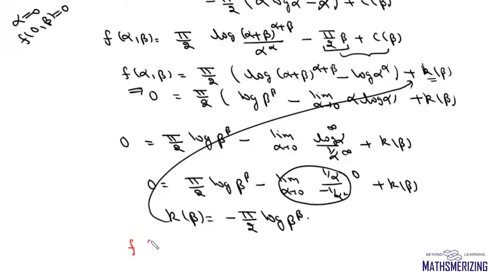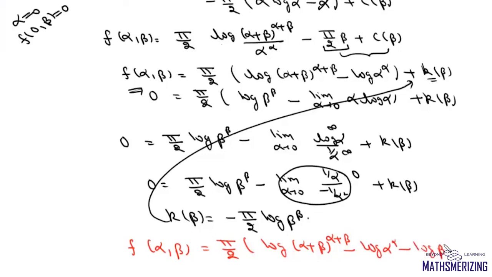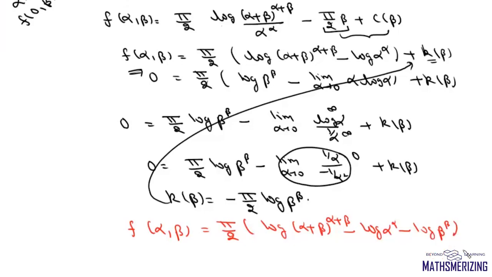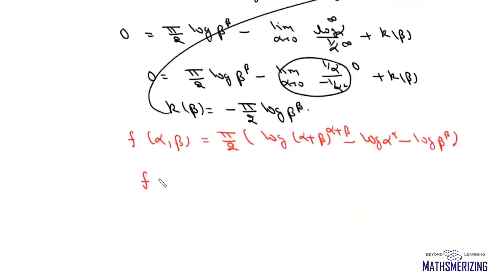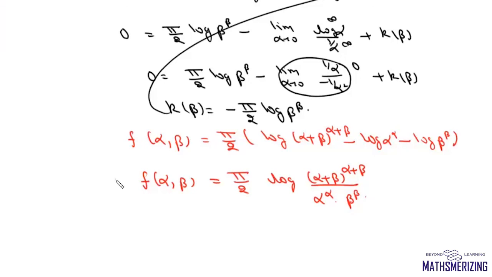So this f alpha beta now will be pi by 2 log alpha plus beta to the power alpha plus beta minus log alpha to the power alpha minus log beta to the power beta, which we can also write as f alpha beta equals pi by 2 log alpha plus beta to the power alpha plus beta upon alpha to the power alpha into beta to the power beta, and this is what we need to prove.